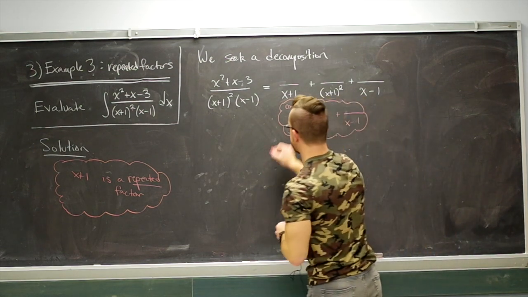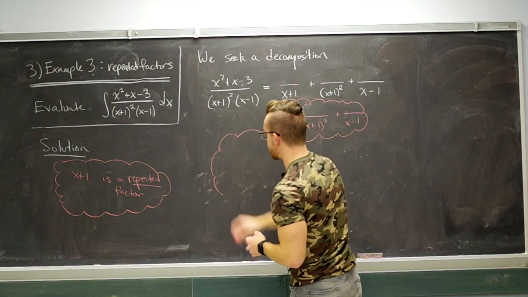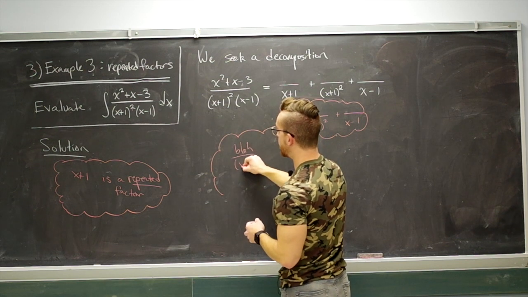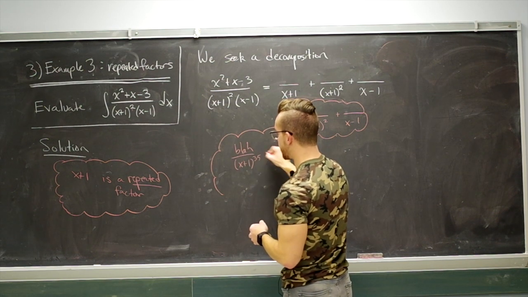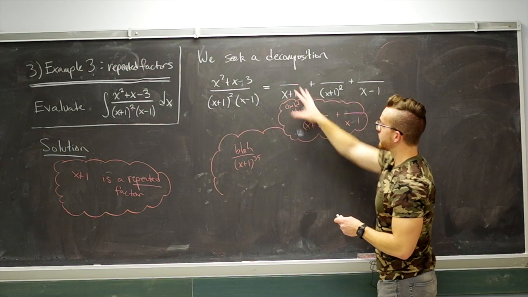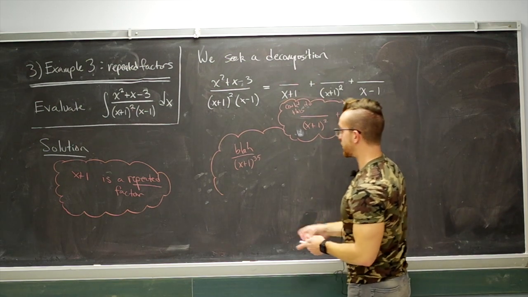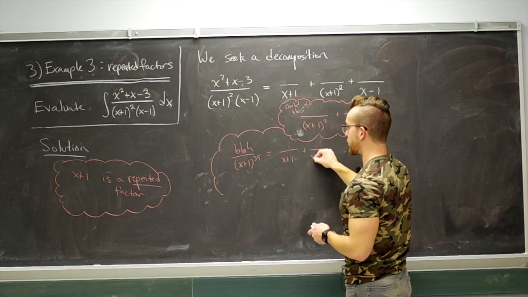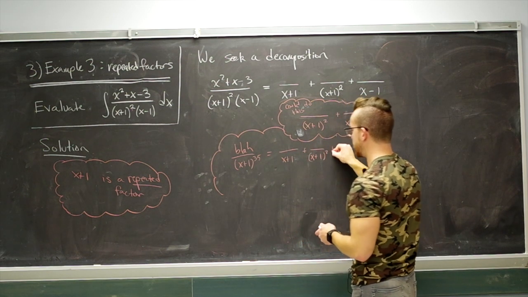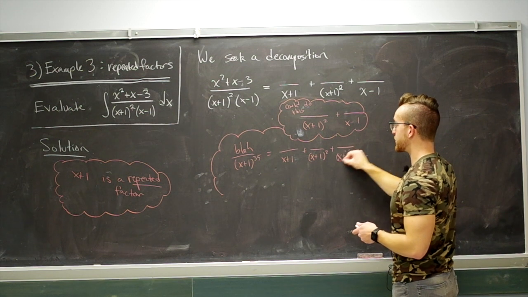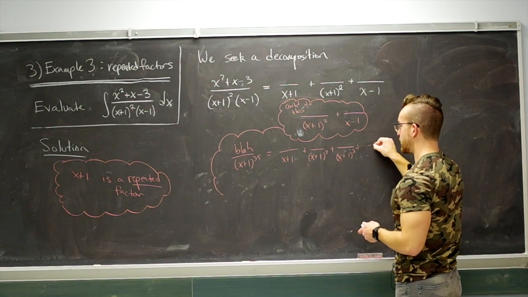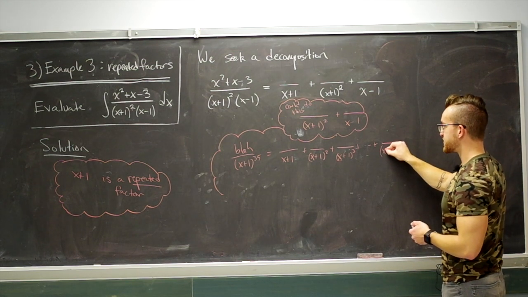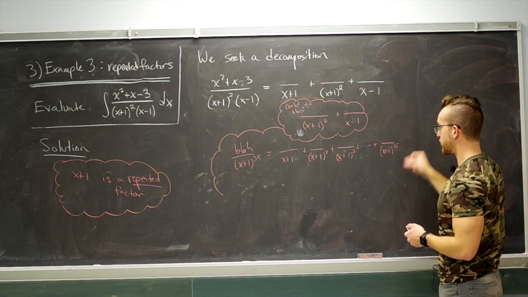Just to give you some other examples of the decomposition, if you had something over (x plus 1) to the 35th, the analog of what I'm doing here is I would have something over x plus 1, something over (x plus 1) squared, something over (x plus 1) cubed, all the way up to something over (x plus 1) to the 35th.